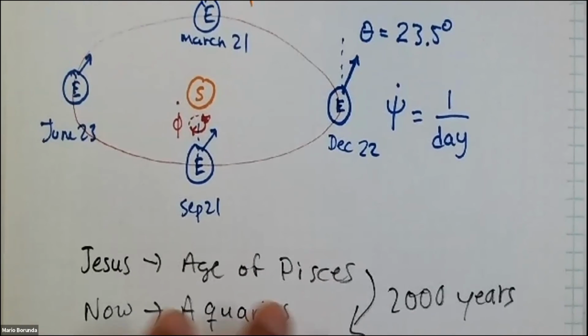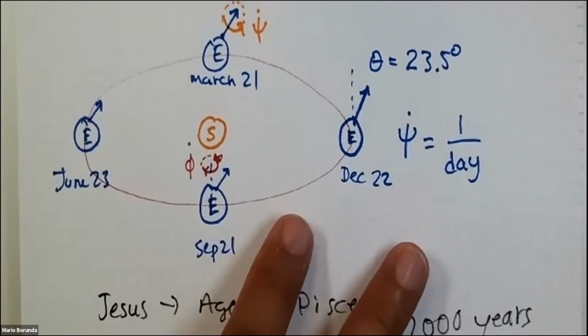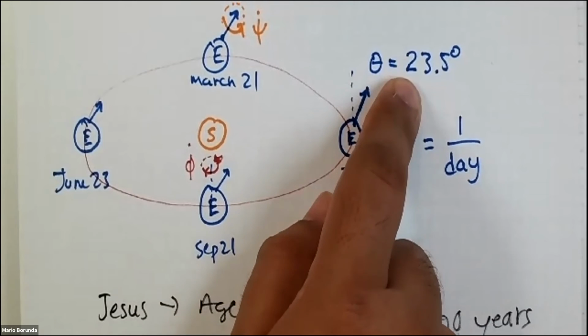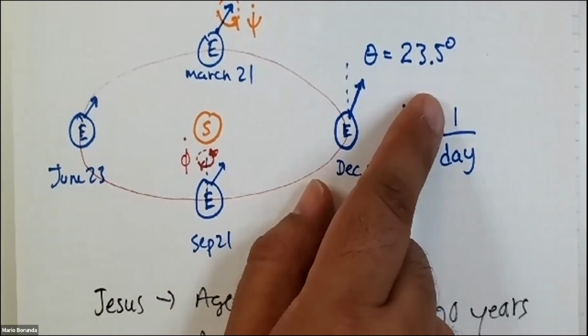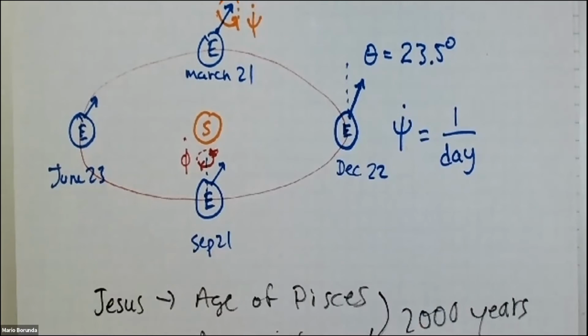Other things that are interesting, not zodiac things, but real things, is the angle here changes. It goes between 22.1 and 24.5 degrees. And the period of this is 41,000 years. So this angle changes with a period of 41,000 years. These changes are because of the planets giving us extra forces like Jupiter, Mars, Venus.